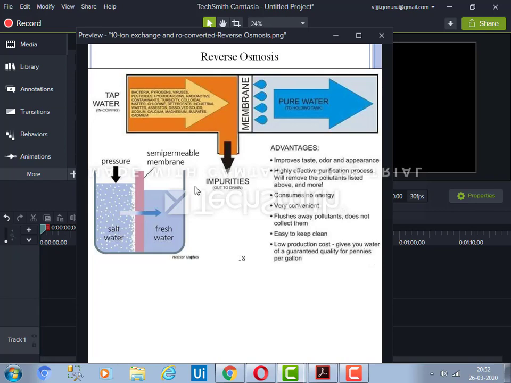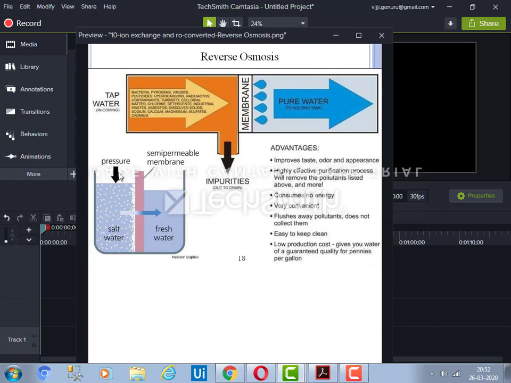Just for better understanding, we have one more diagram here. This is the semi-permeable membrane, and this is the chamber filled with the salt water or highly concentrated water, and this is the chamber filled with the low concentrated water or fresh water. In the reverse osmosis process, we apply pressure at the high concentrated side.